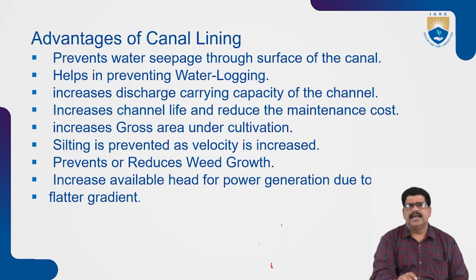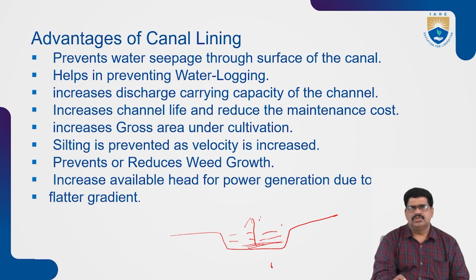So here silting is prevented. In a lined canal, the water can flow freely without any obstructions, and the velocity is also increased, as we discussed previously. It also reduces weed growth and the wastage of grass on the sides.